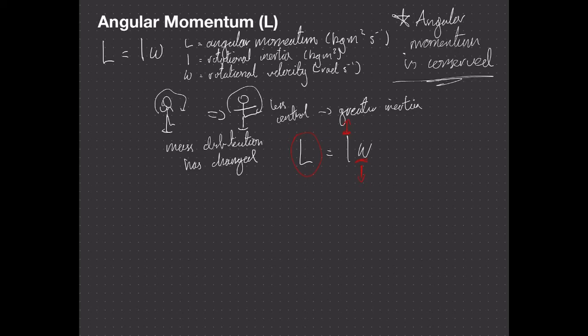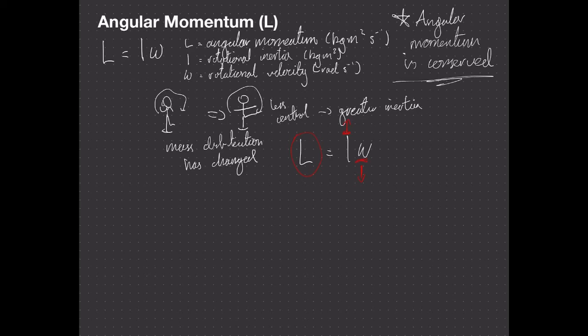Okay, so this is not a particular question, but this is a concept they like to discuss or test you on in NCEA, and that's just what happens to a rotating object when the mass distribution changes. Okay, we know that our rotational inertia is proportional to or related to mass distribution.